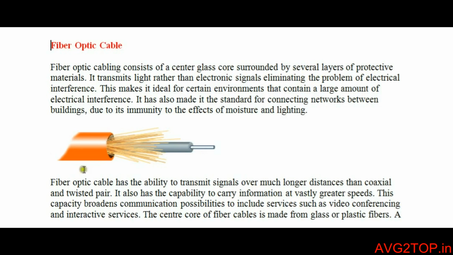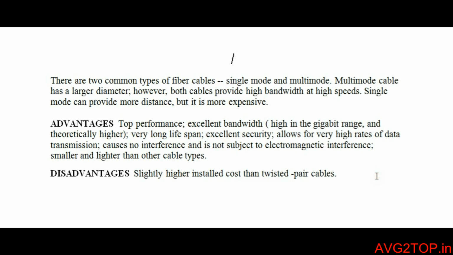The outer coating is made of Teflon or PVC. The two common types of fiber optics cable are single mode and multi-mode. Multi-mode has a large diameter and provides high bandwidth at high speed. Single mode provides more distance, but it's very expensive.